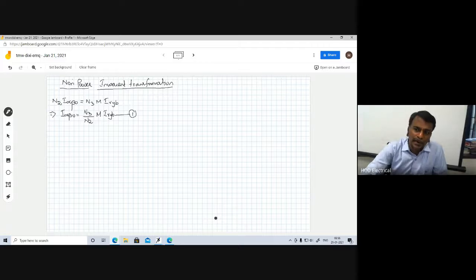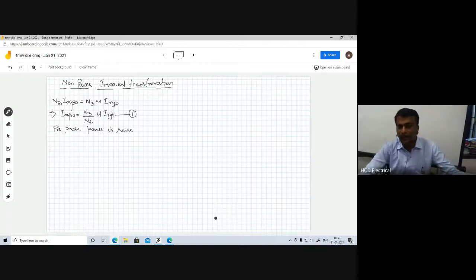So now what is meant by non-power invariant transformation? Here we are assuming that per phase power is the same.